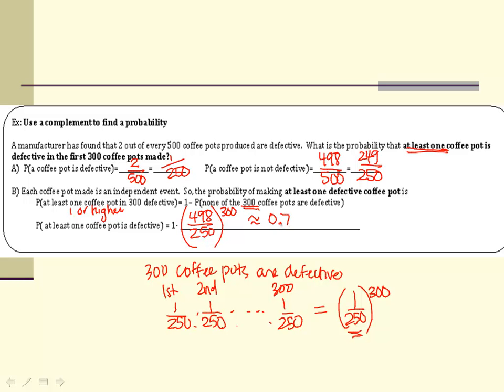But what it's saying is, again, the probability that they're not defective is that to the 300th. And because I'm using a complement, I have to do 1 minus that probability. This is one of the toughest ones that we'll look at, but I wanted to show you some of the uses for this. And this is actually what people do in real life to make sure that very few coffee pots come out defective.